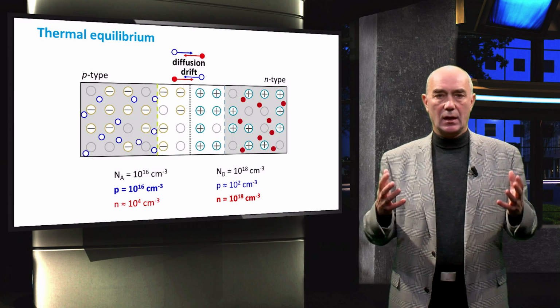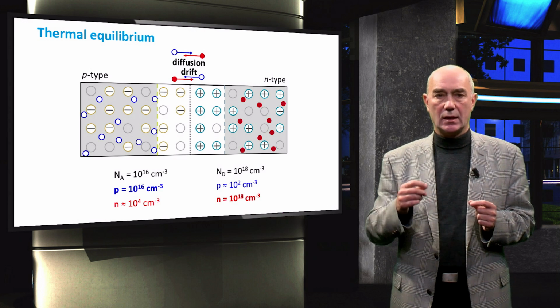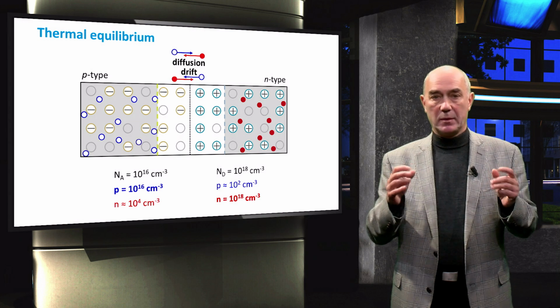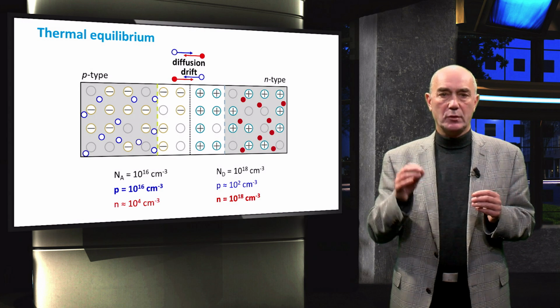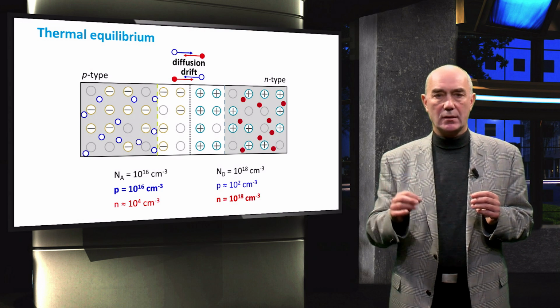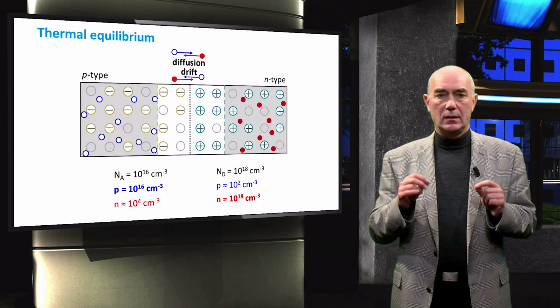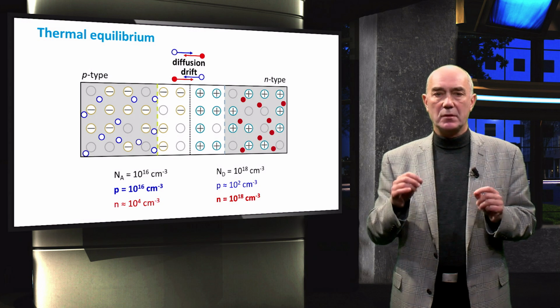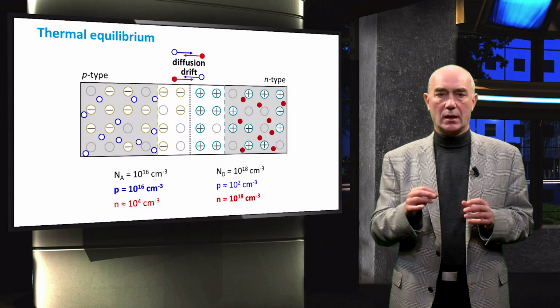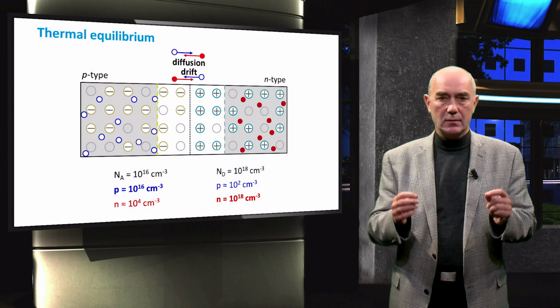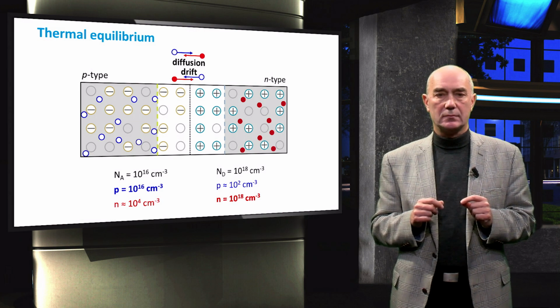To have an idea how many extra charge carriers are created when a p-n junction is illuminated, for example by sunlight, I put some numbers that characterize the carrier concentrations at thermal equilibrium. These are the same numbers we have used in previous videos to characterize a p-n junction. So let's see what happens when we illuminate the p-n junction.